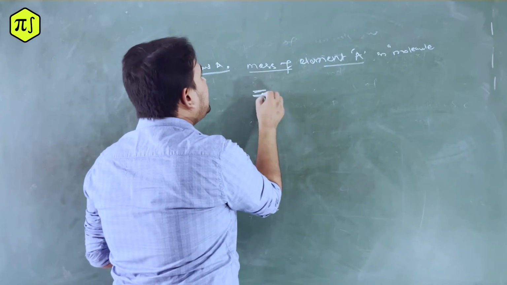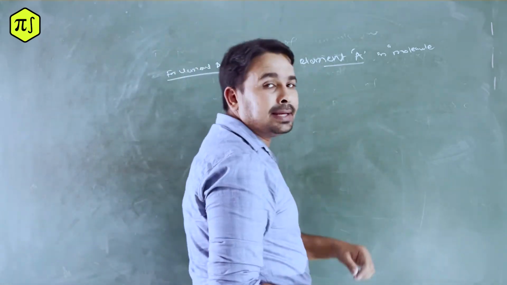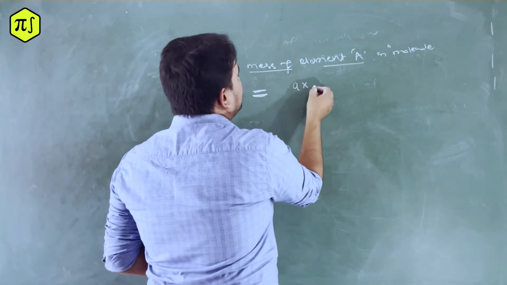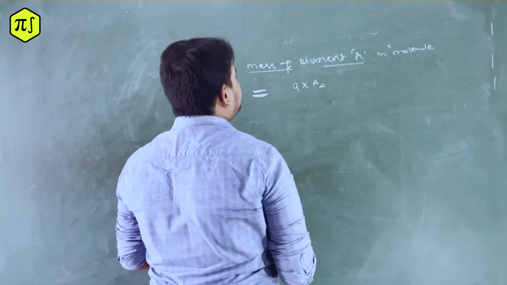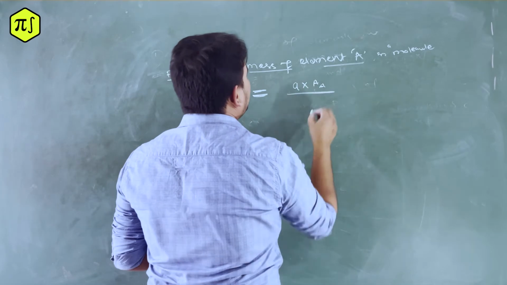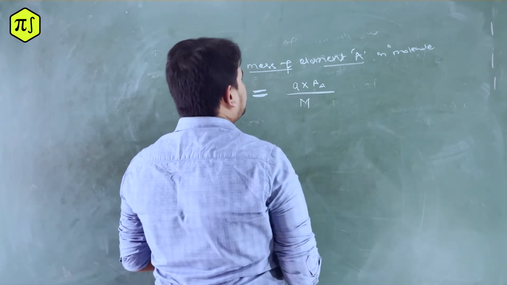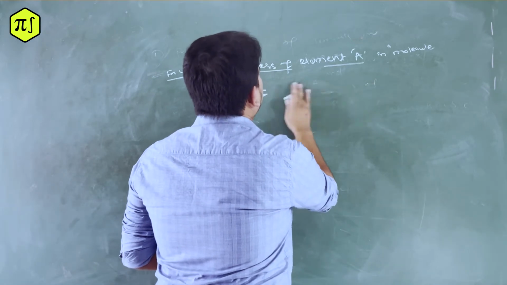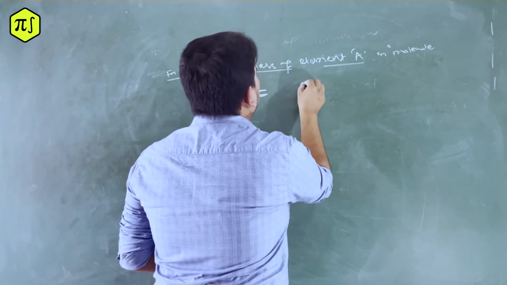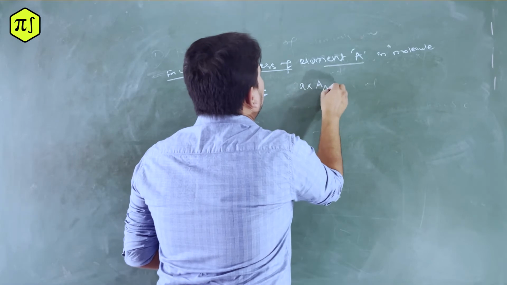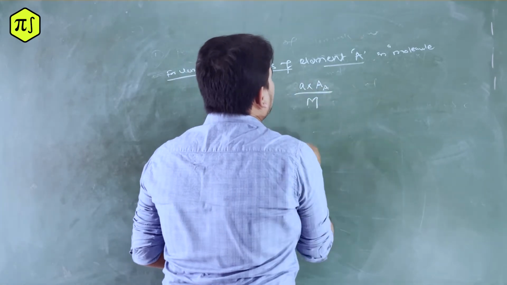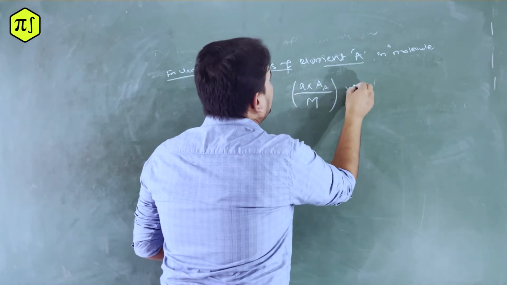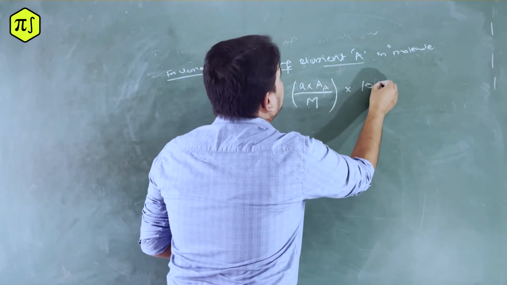So how many atoms of A are there in a molecule? A atoms, right? So we can write this one as A into A divided by M. M is the molecular mass, into 100. This will be the PA.